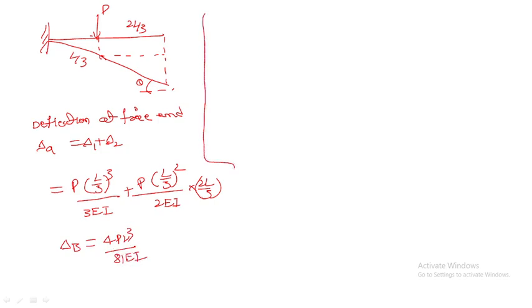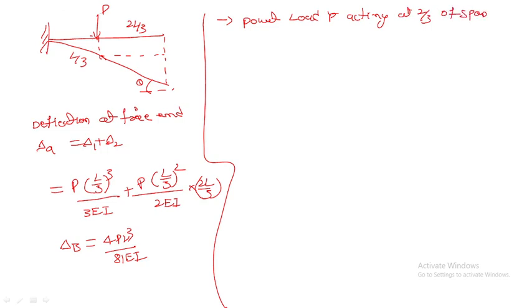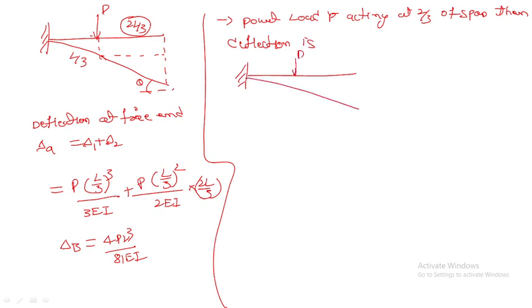Now when the point load P is acting at 2/3 of the span, 2/3 of the span means here. Then the deflection is, this one, sorry, not this one.